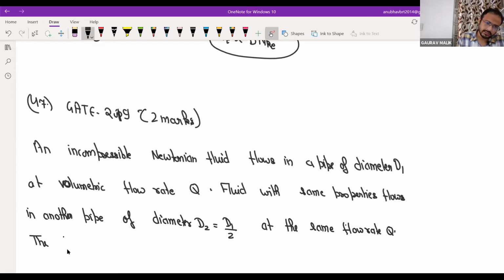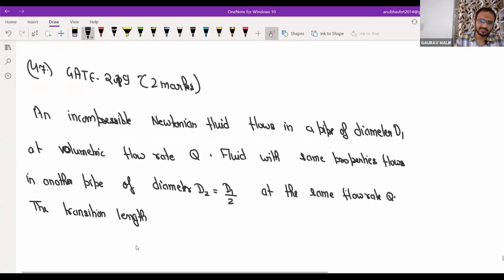The transition length, I have already told you, as question size increases, its difficulty level decreases.